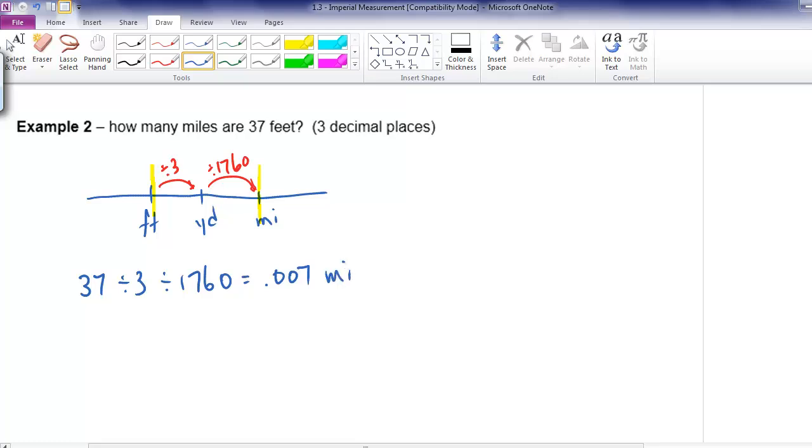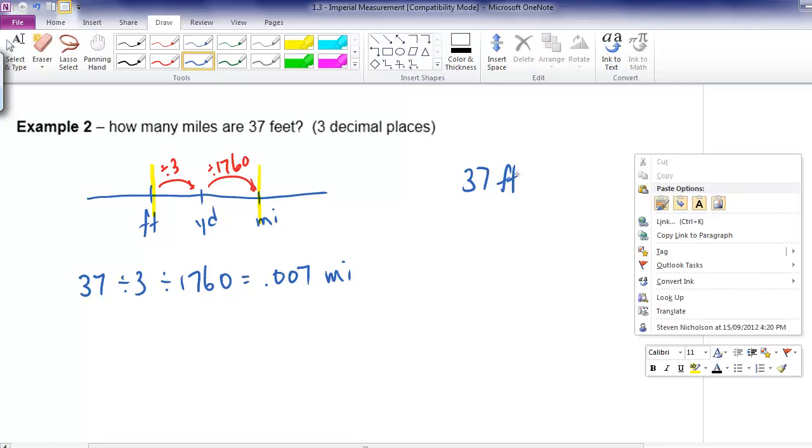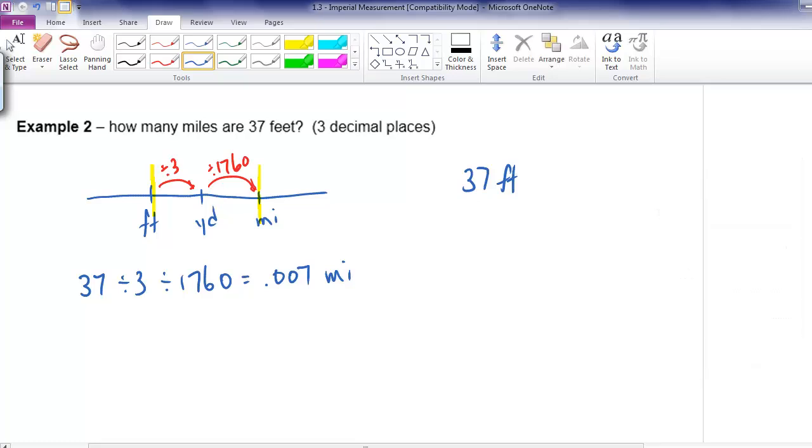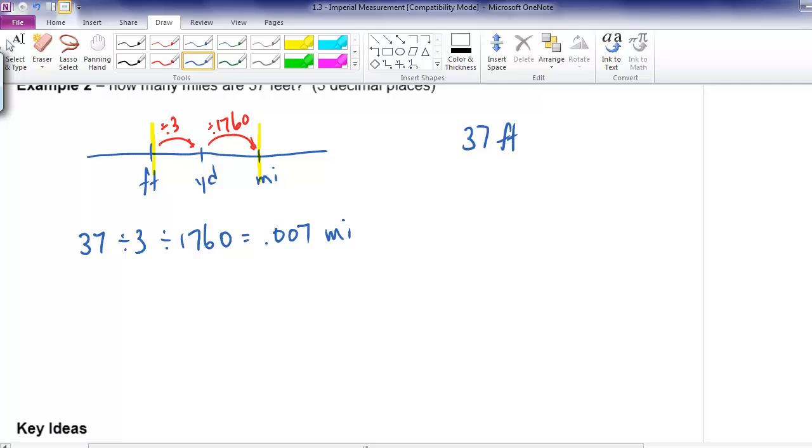If we were going to do unit analysis, we'd start off with 37 feet. Again, unit analysis, we have to have the units. Start off with 37 feet, and we are going to multiply by a ratio, a factor that gets rid of feet. Well, we have 3 feet in 1 yard, and again, the feet cancel out.